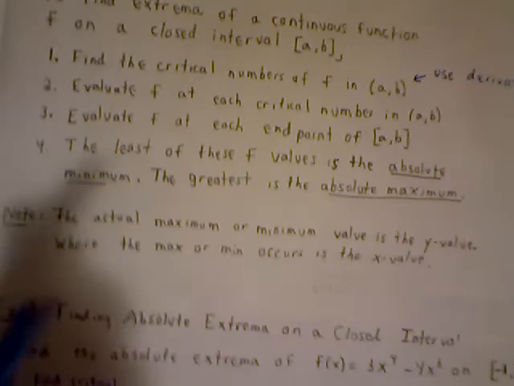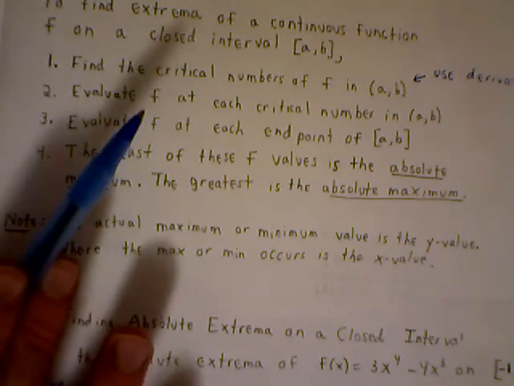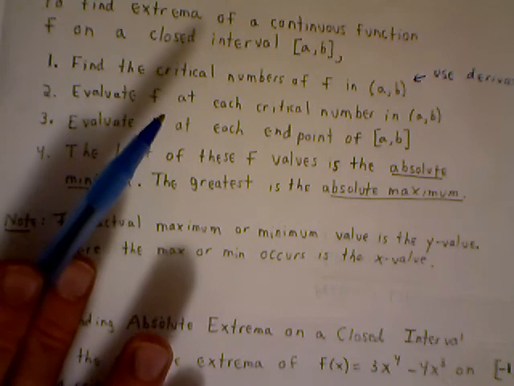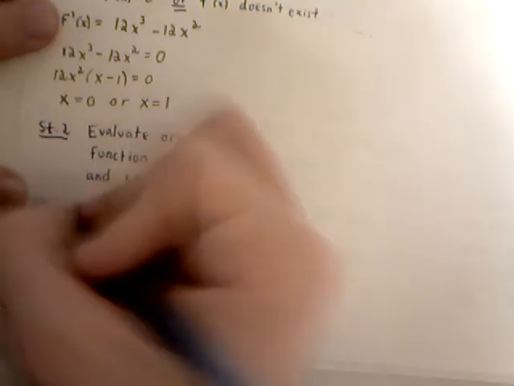What I'm doing right now is putting steps 2 and 3 together. We're going to evaluate our original function f at the critical numbers and each endpoint. So what I'm going to suggest doing is just making a chart.